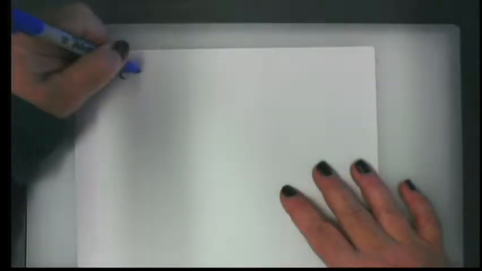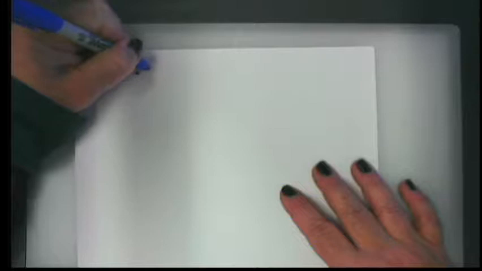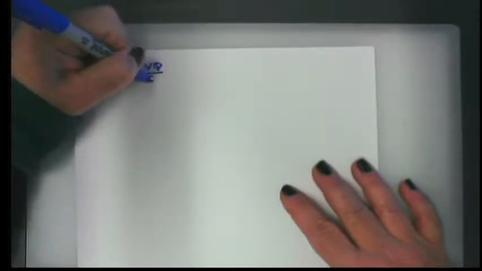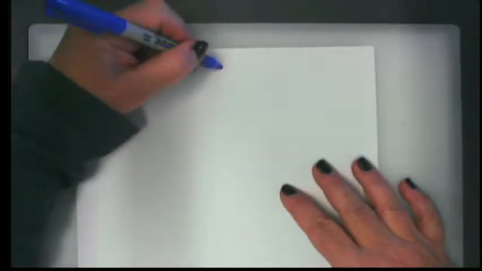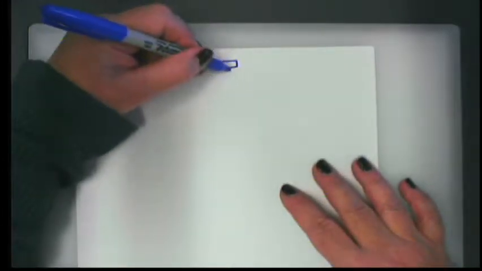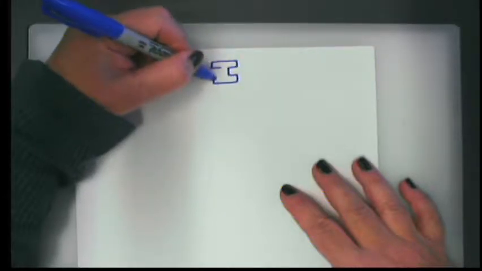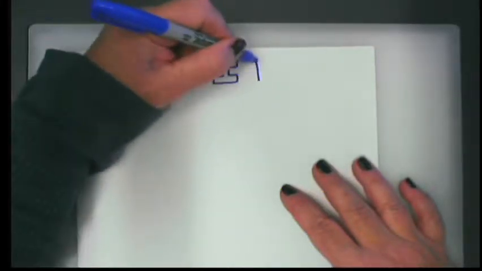I gave you an equation that said tau at any point is equal to VQ over IT. And I also said that we're going to limit our discussion to cross-sections that are in the shape of an I-beam and cross-sections that are rectangular.